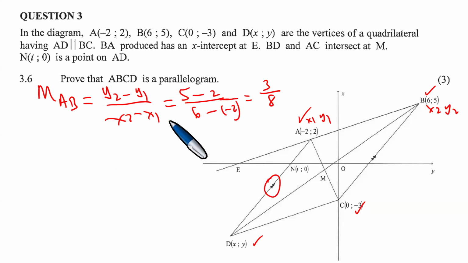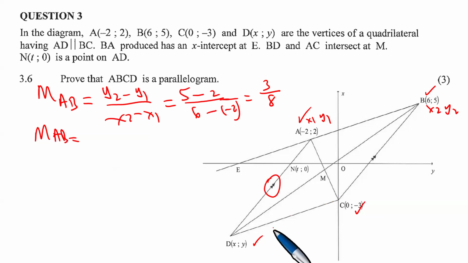We continue to do the following here. Okay, so we're good. There are a couple of things that are very important, but we already know that. Because we know the gradient of AB is 3 out of 8, it is equal to the gradient of DC. So what is the gradient of DC?